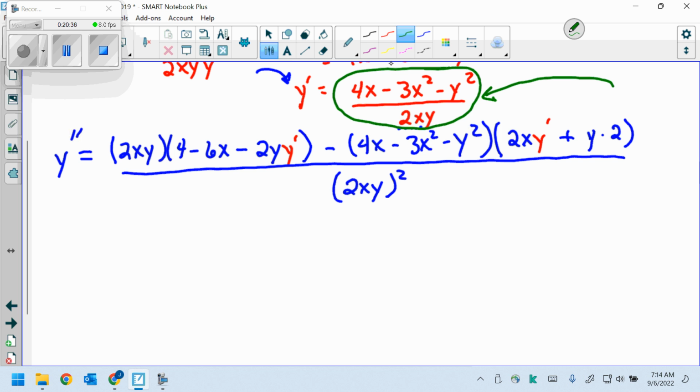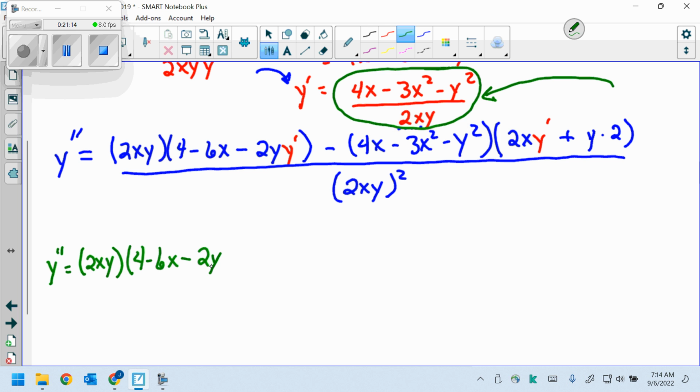Now, this would be very difficult if I had to multiply everything out. But you don't. Just show me that you understand it. If I'm going to write y double primed, here's what I've got to do. I'm going to have this 2xy times this 4 minus this 6x minus this 2y times y primed.